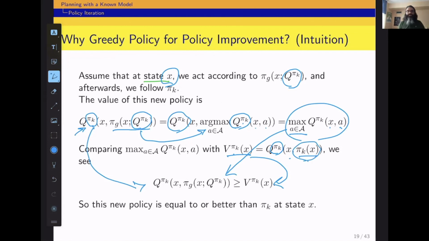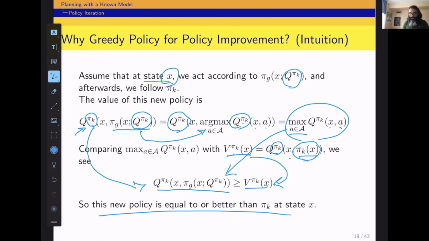Combining these two, I get that the value of following the greedy policy and then following pi k afterward is greater than or equal to the value of the previous policy. This is the conclusion: this new policy is equal to or better than pi k at state x.